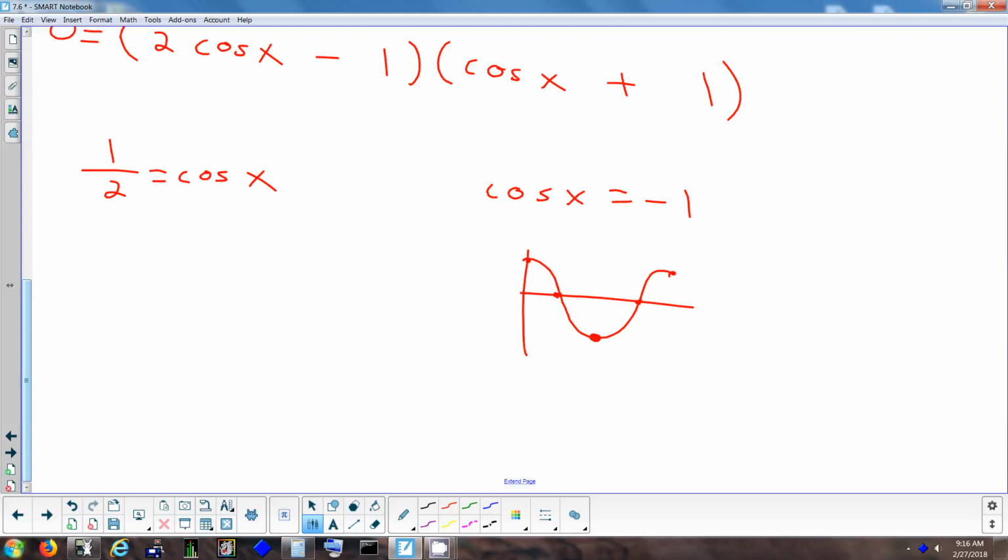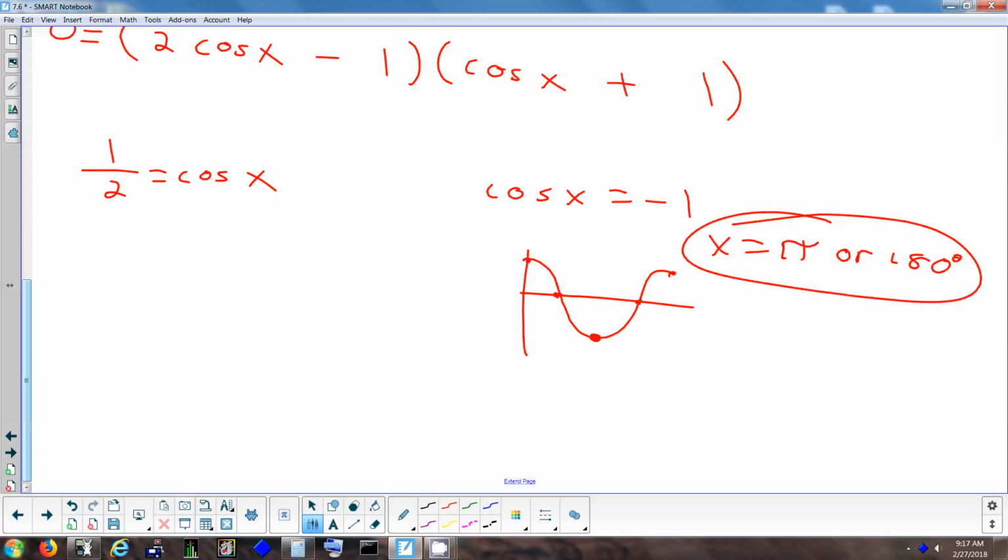So what's the x value for that second quarter point? Pi. If you didn't know that, you could type it in on the calculator. Remember, it might give you a negative answer, and if they don't want that, you're going to have to add 360. So if you can visualize it in your head, you can avoid having to add 360 and the calculator messing you up. So x is pi, or I'll do it in degrees, 180.